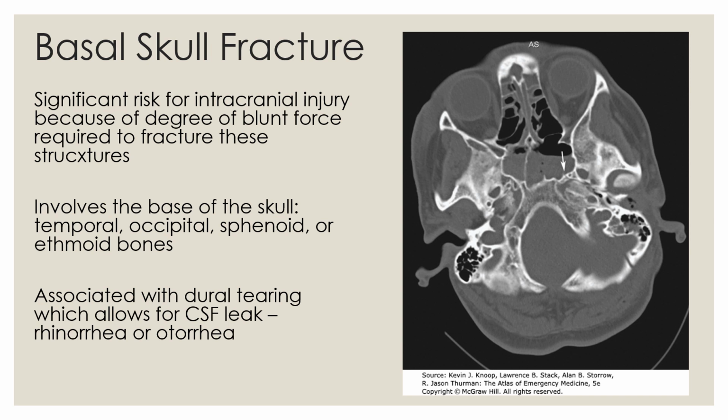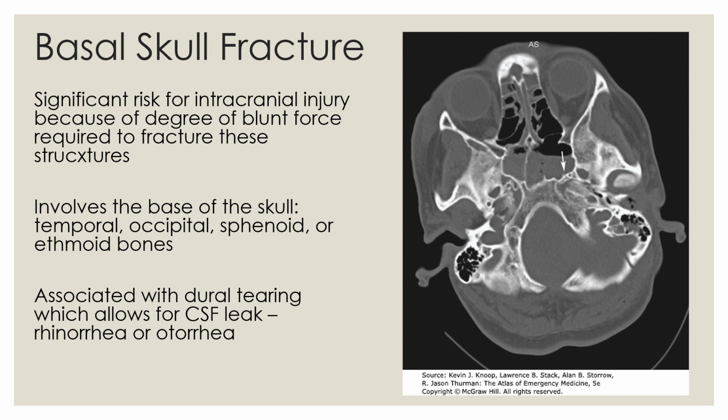And then basal skull fractures or basilar skull fractures. So basilar skull fractures tend to occur along with other serious intracranial injuries because the skull at the mastoid and the posterior temporal bone and occipital bones tends to be thicker, and it requires significant force to cause these fractures.